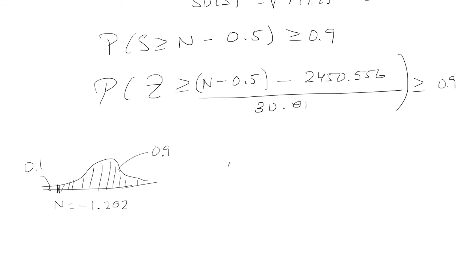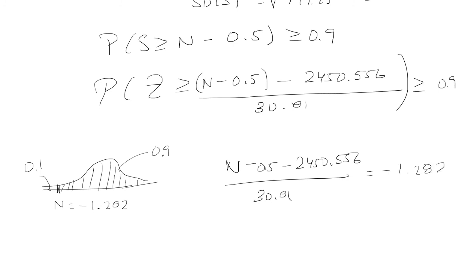So what we can do is set N minus 0.5 minus 2450.556 over 30.81 equal to negative 1.282. And technically we should say that this is greater, because what we would do is Z is less than or equal to this expression.